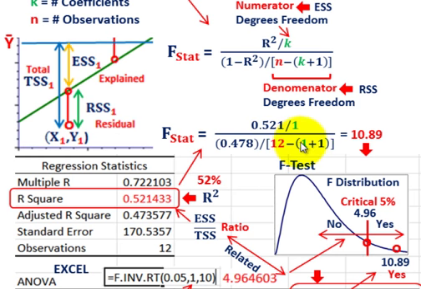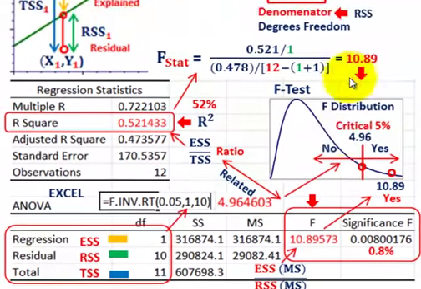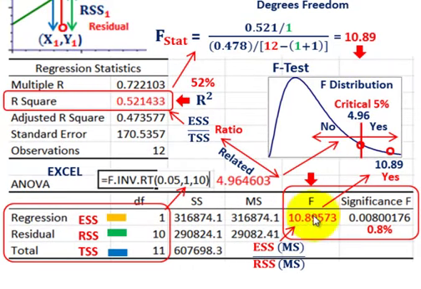That gives us 10. You divide that into 0.478, and then you take that total quantity and divide it into your R squared, 0.521, divided by 1. And you're going to come up with an F statistic of 10.89. And that's exactly what our Excel program or our statistical regression shows, 10.89.